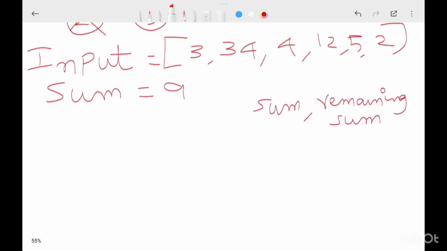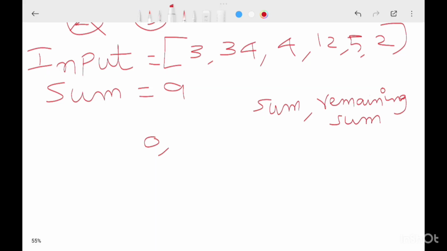Initially, in the initial state, that means the empty state, the sum value is 0. That means we have not included any values in our subset. And the remaining sum means, from this step I can add all the elements in the input.